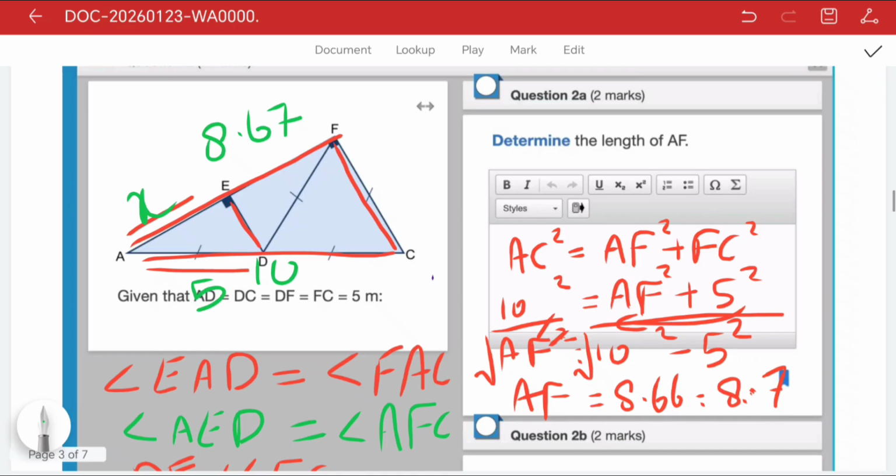So what is the rule? Because the smaller triangle is known, we take smaller over the bigger, then smaller over the bigger.